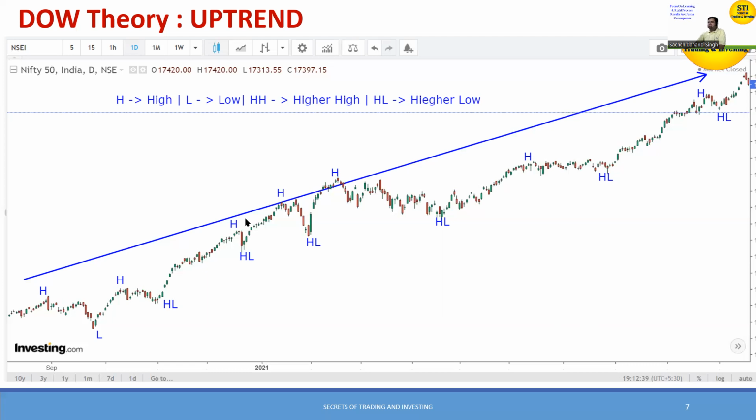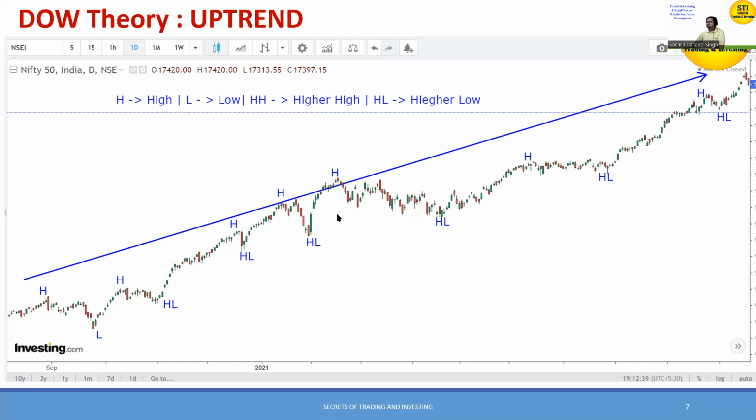And the second condition is if the next low is higher than the previous low, and again the next low is higher than the previous low, and so on and so forth. If these two conditions are satisfied simultaneously, that will be termed an uptrend as per the Dow theory.